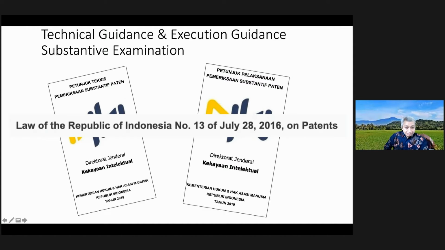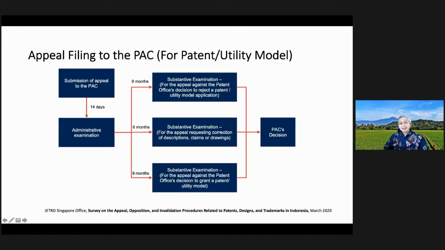So I use the picture from the JETRO Singapore office survey on appeal, opposition, and invalidation. So there are three, what's it called? The big division.